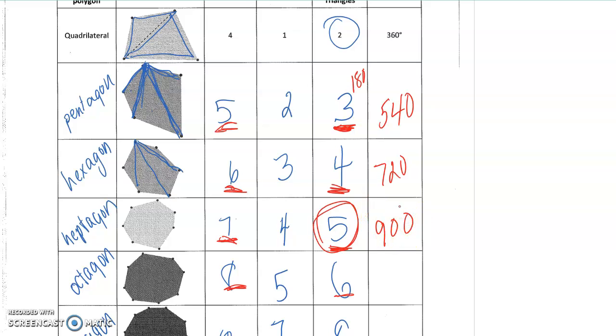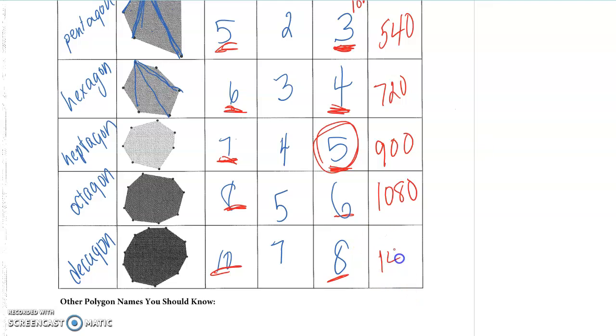And 6 times 180 is 1080. And 8 times 180 is 1440. So that is how we find the interior sum of every single polygon. So what is an interior sum? It is the total amount of all the angle values added up.